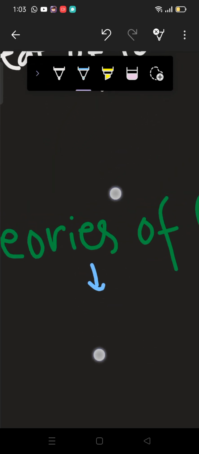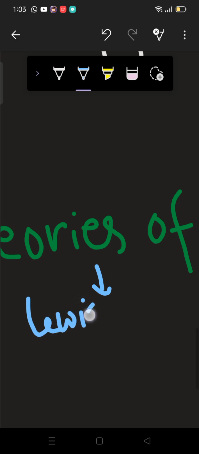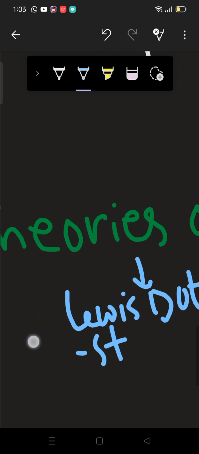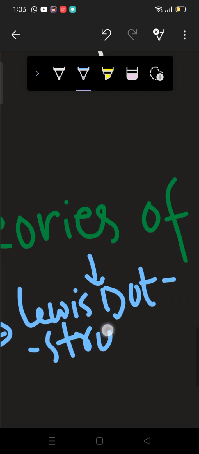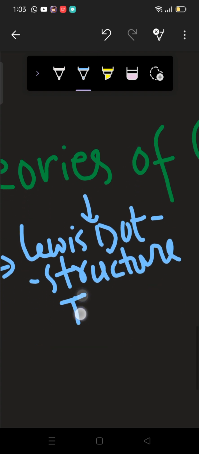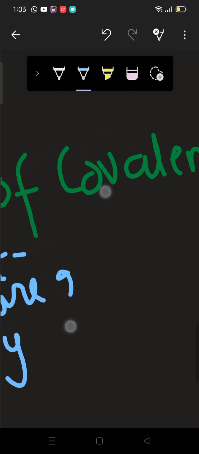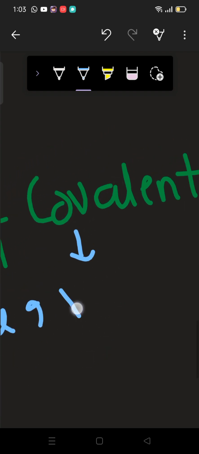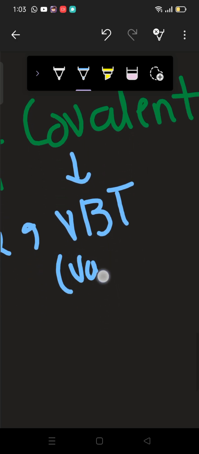Theories of covalent bond, which include Lewis dot structure theory. We're gonna have an entire video of it, right, with all the tricks, so Lewis dot structure theory. Then we're gonna have here VBT, it's valence bond theory.